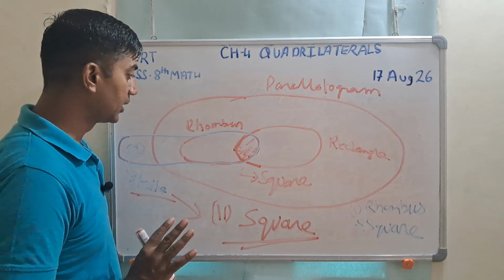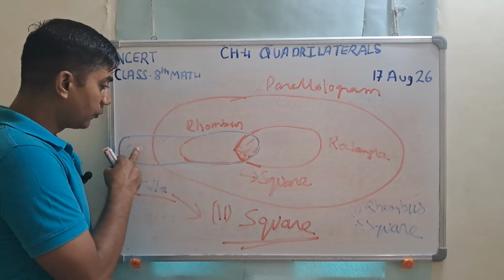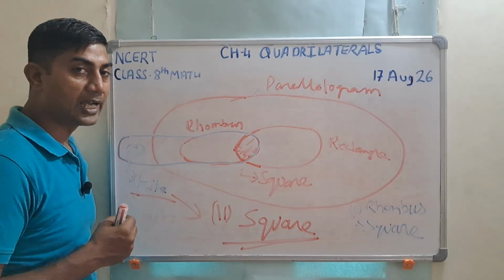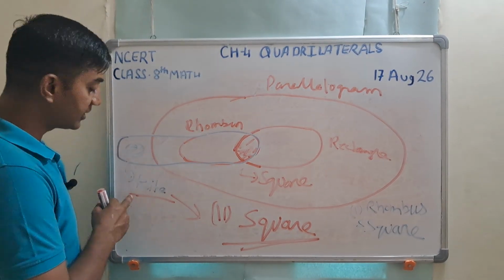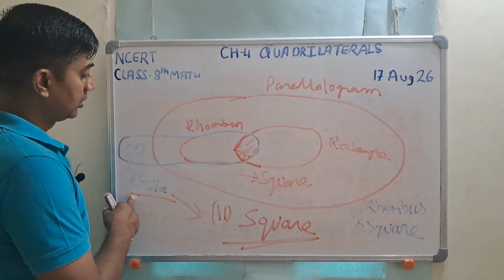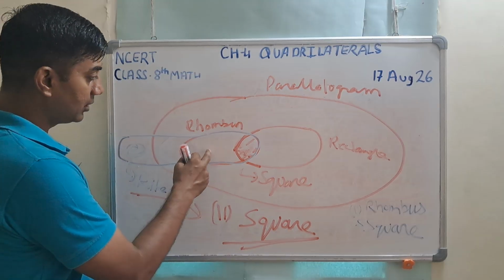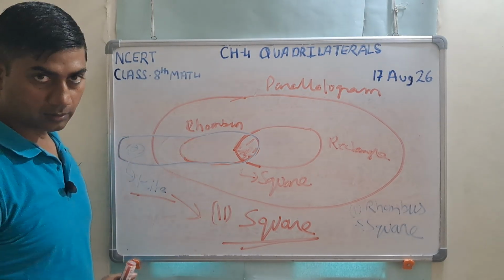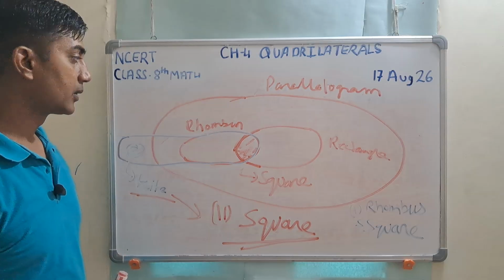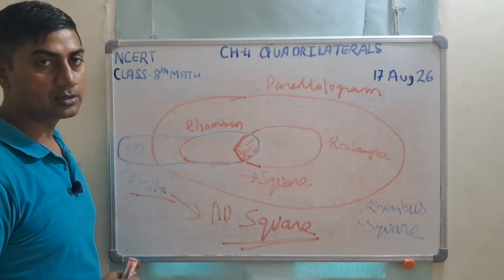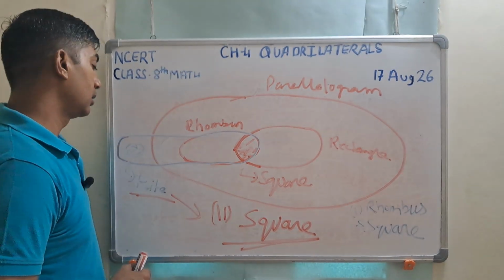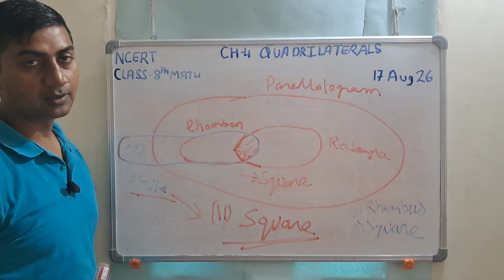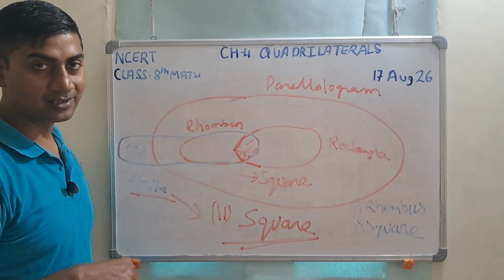This is the relation. When the diagonals are perpendicular in the case of a kite, and they are bisecting each other, understood? That is the case of the rhombus, and only that type of kite is a rhombus.